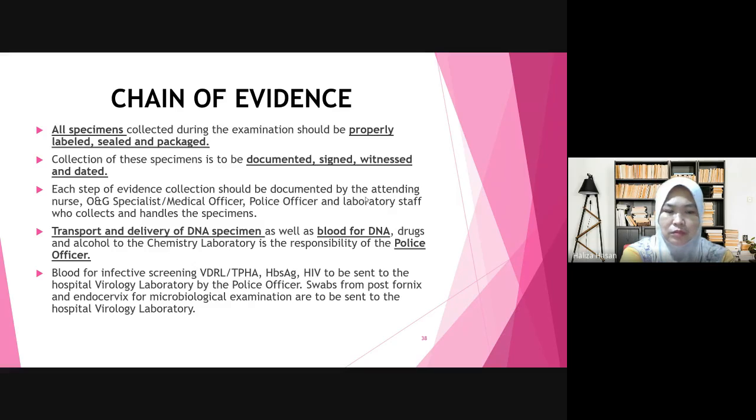Because we don't want that, when we ask the hospital attendant to send, suddenly someone changes the specimen. Then the evidence will not be accurate. So that's why at OSCC there is a multidisciplinary team that involves police, medical doctor, nurses, and counselors.